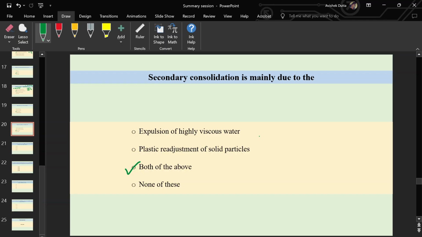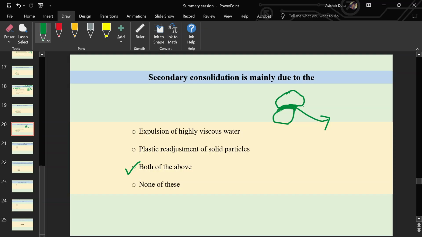Because when the highly viscous water is adsorbed on the solid particles, like this is a solid particle and this is the viscous water adsorbed, adjacent to this there is another solid particle, right? So when this viscous water is moving out, now this is not the actual pore of the soil.